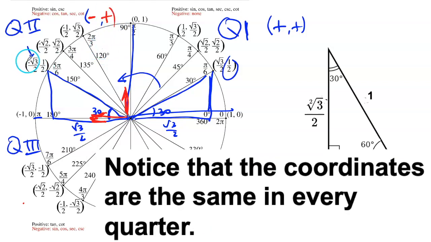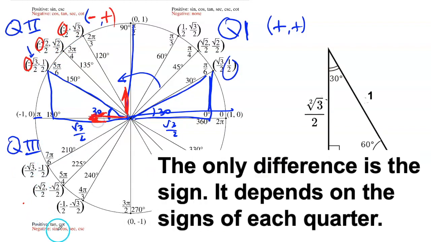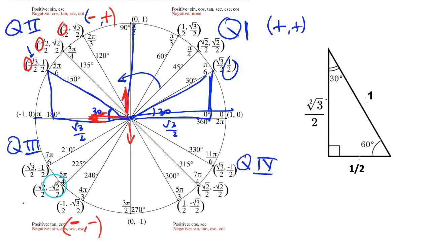Look at this, negative, and the y's are positive. Q3, the x goes to the left, which is negative, and the y goes down, which is negative as well. And that's why all these coordinates are negative, negative. Q4, my x is positive, and the y goes down, so it's negative. And that's why the x value is positive, but the y values are negative.